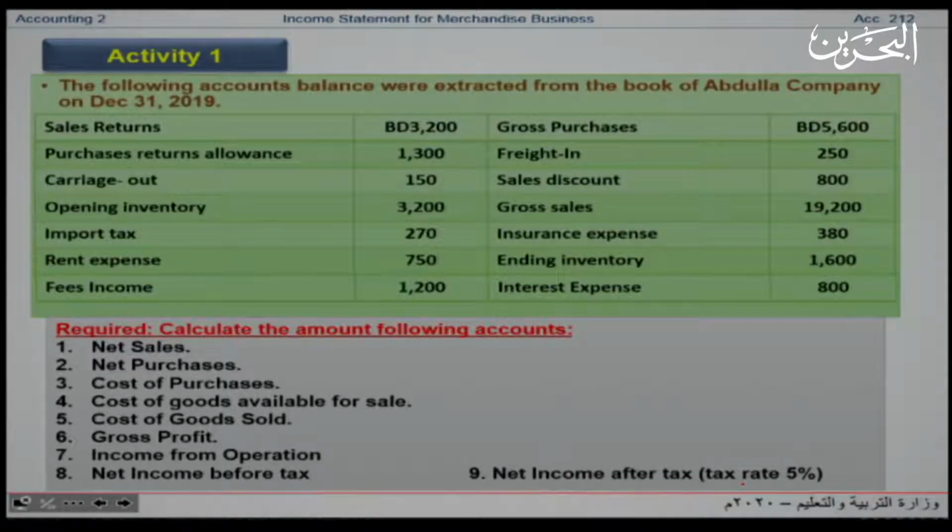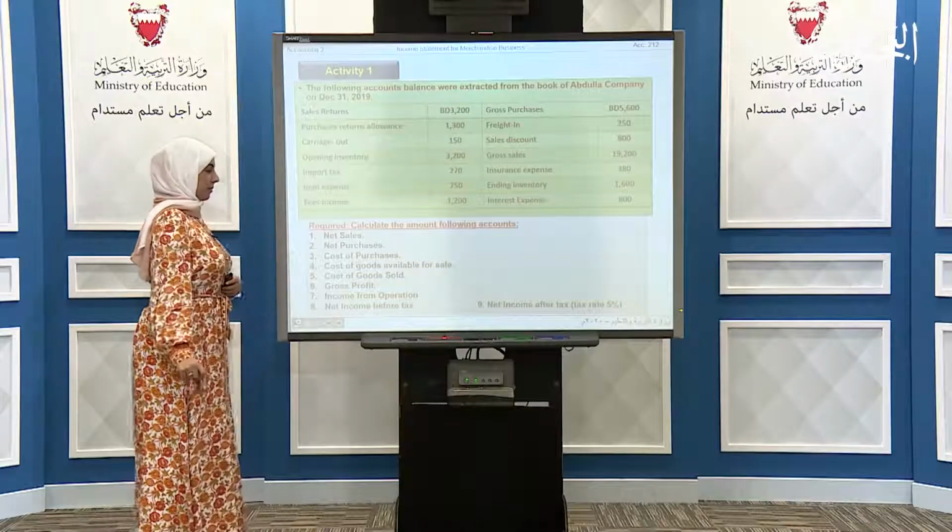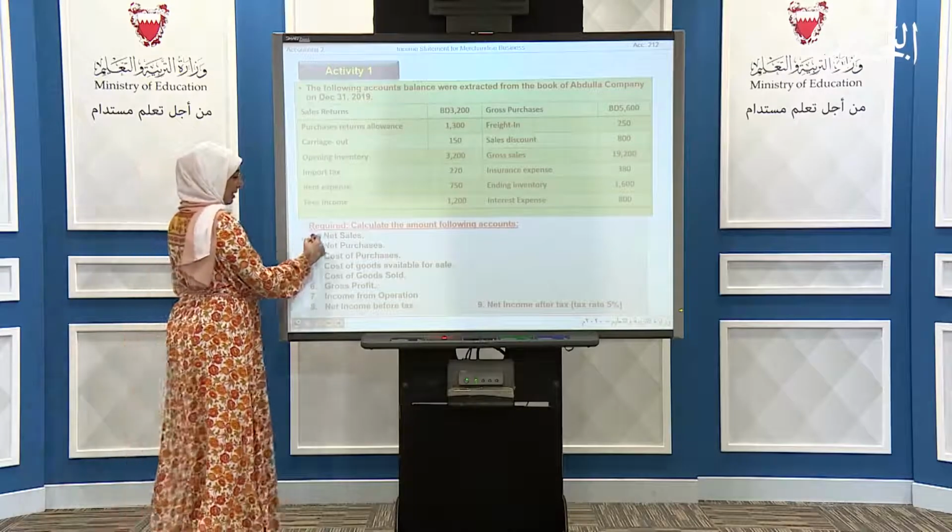Let us take a look about our first activity. The following account balances were extracted from Abdullah Company on December 31st, 2019. This is our data or information from Abdullah Company. We are required to find the following accounts. Firstly, the net sales.